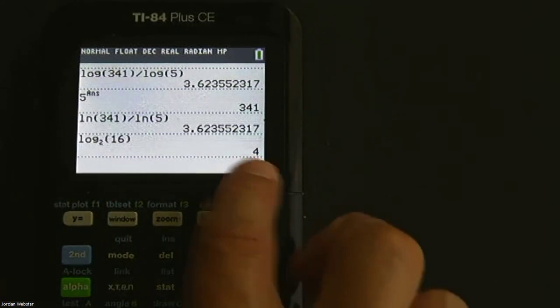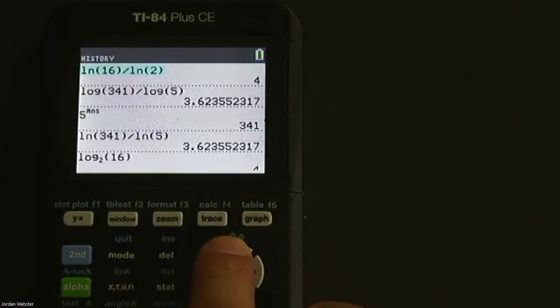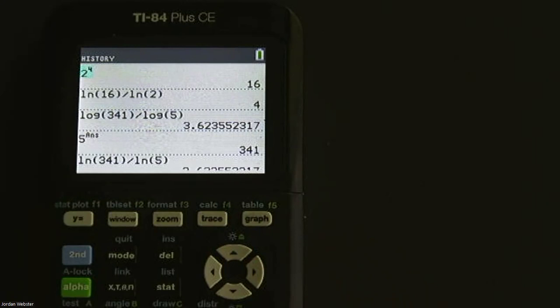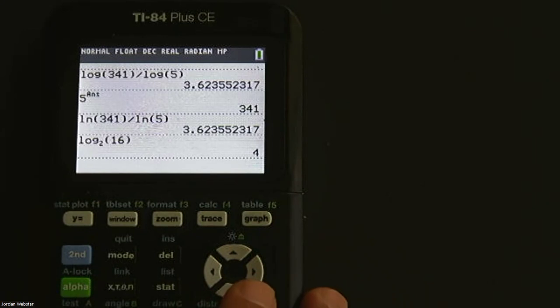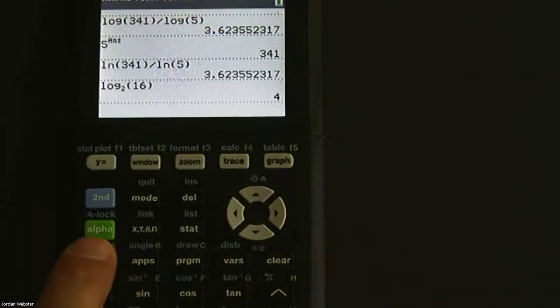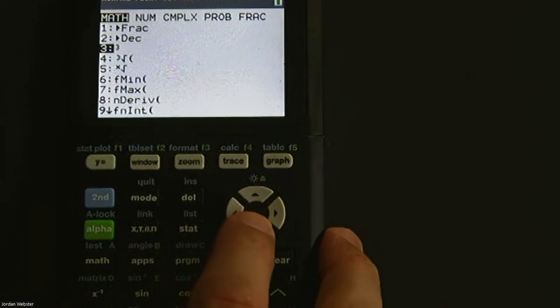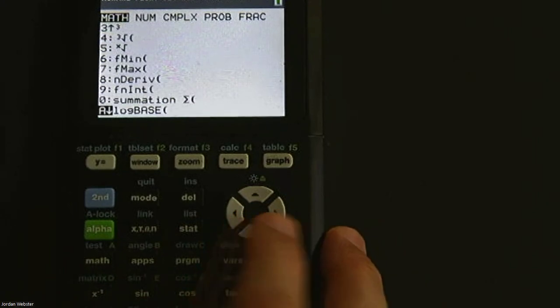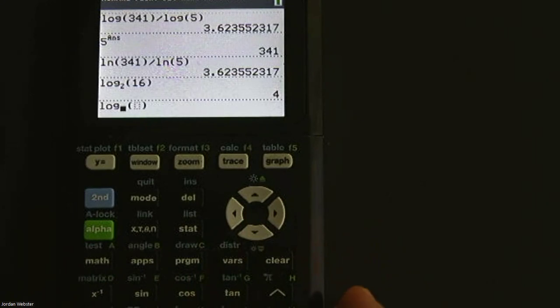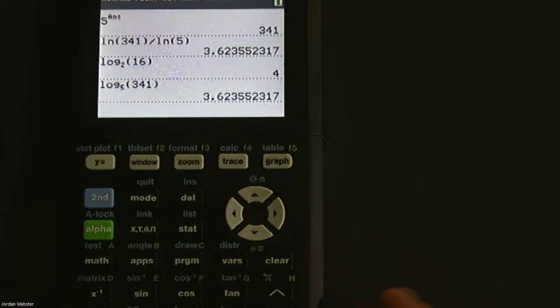And sure enough, I got 4, just like I got using the change of base rule. Again, math, scroll down to A, log base 5 of 341 gives me that exact same number I got with the change of base rule. So that's another way you can do that.